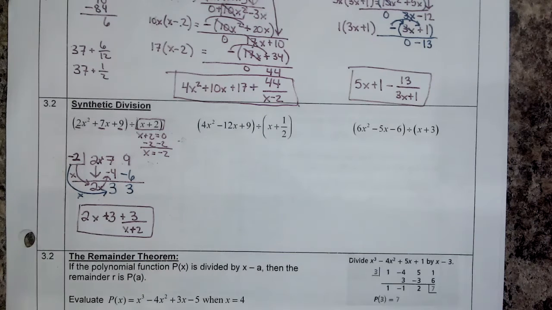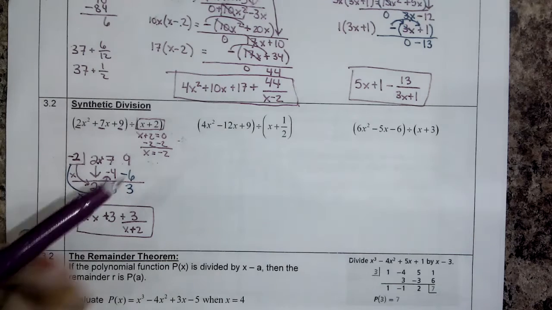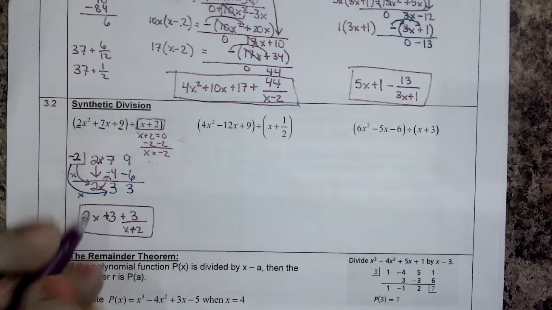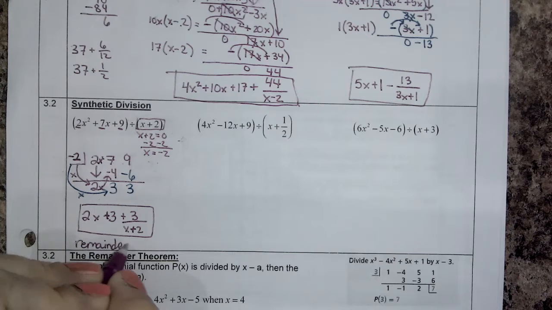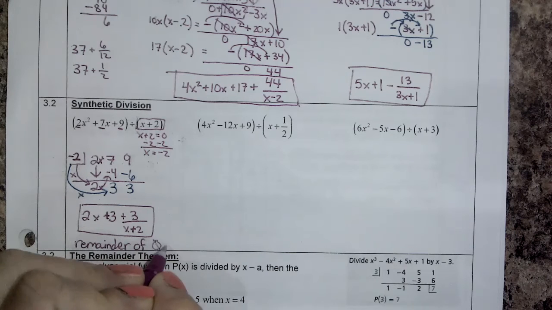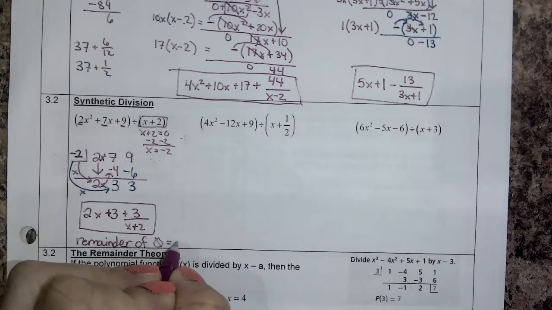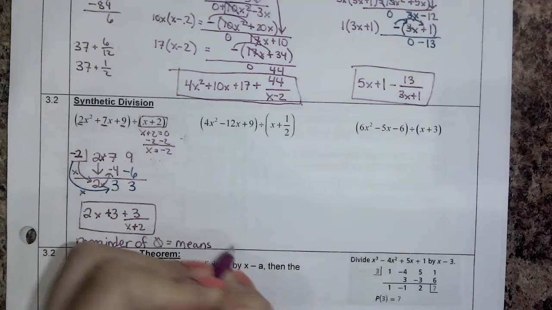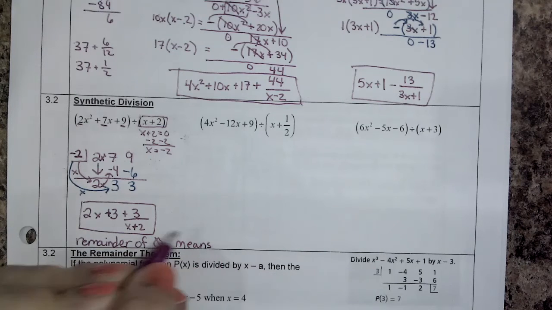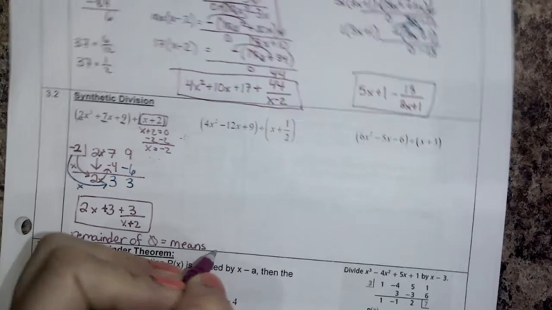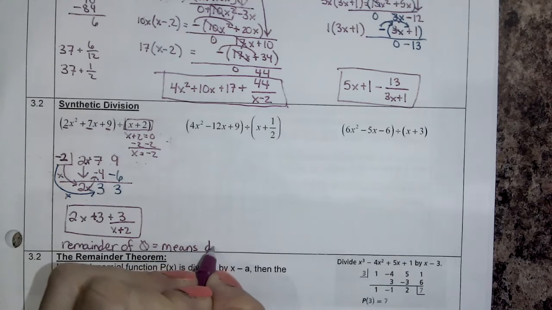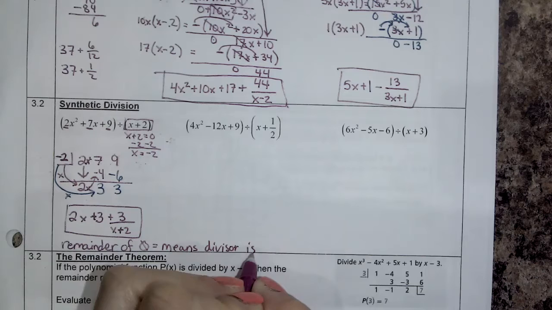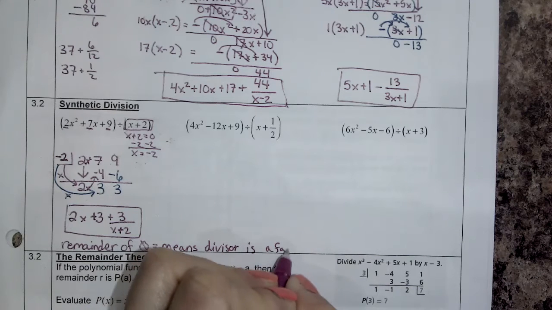Now, one important thing to know about synthetic division and long division too, if you get a remainder of 0, so a remainder of 0 means that whatever you divided by, that divisor is a factor.